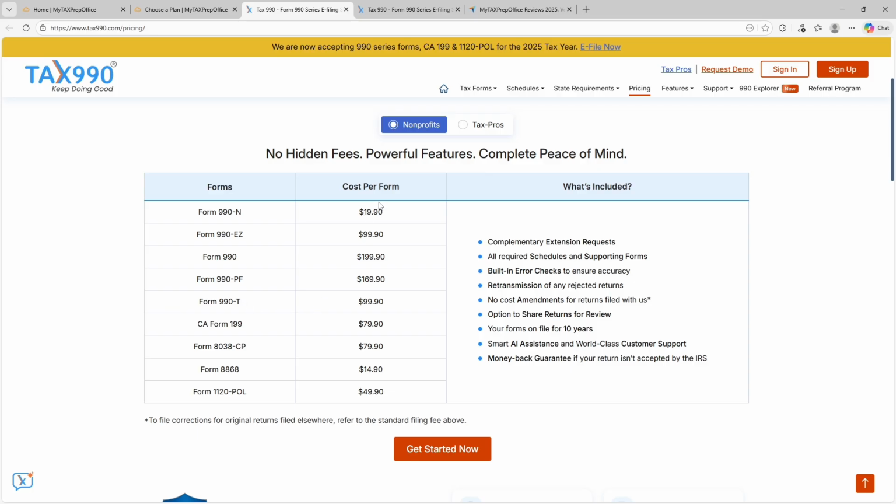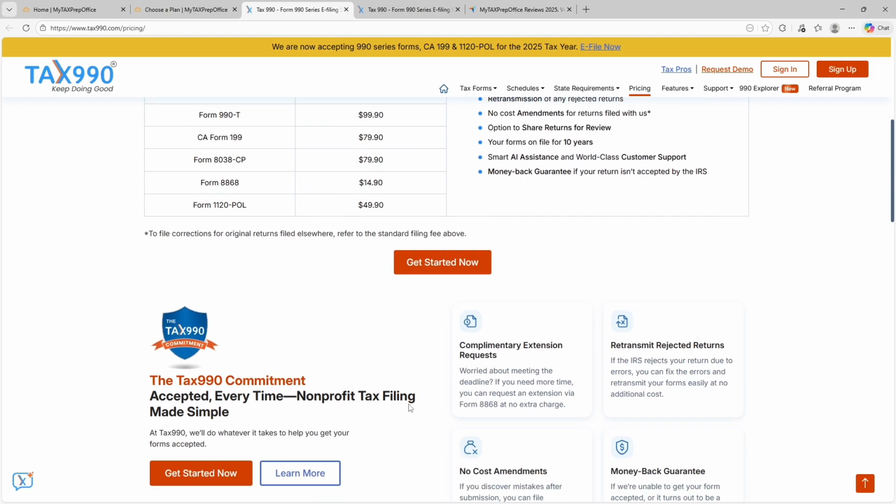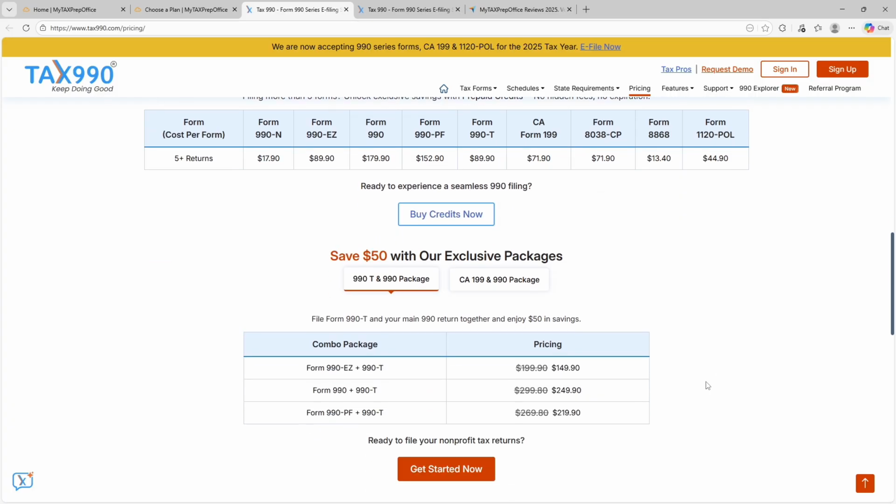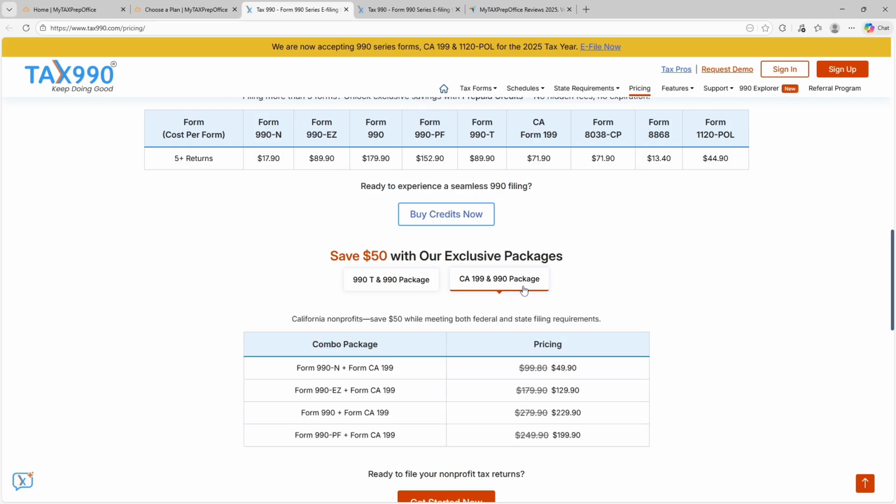Additional forms such as 990PF, 990T, CA Form 199, and Form 8868 are priced individually, and bundled discounts are offered for combo filings. This structure keeps entry costs low for organizations filing 1 or 2 returns, but becomes more transactional as volume increases and requires closer cost monitoring as filings grow.